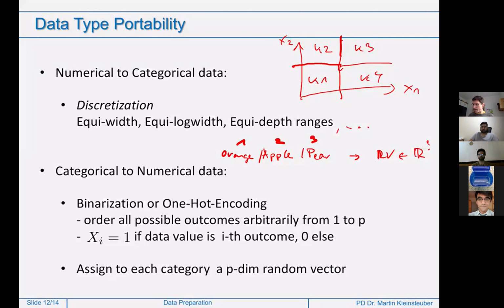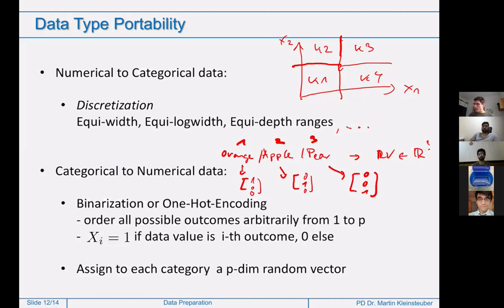And we say x_i is 1 if the data value is the ith outcome and 0 else. Right? So here, orange would be mapped to the vector 1, 0, 0. Apple would be mapped to the vector 0, 1, 0. And pear would be mapped to the vector 0, 0, 1. Okay? This is the so-called one-hot encoding.